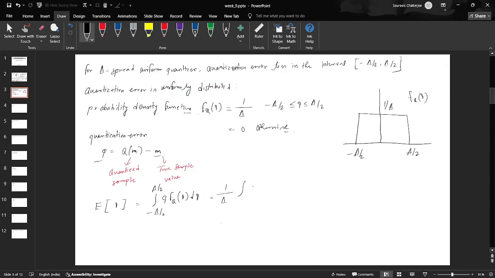And then we have q dq integrated over minus delta over 2 to delta over 2, that is 1 over delta times q square over 2, evaluated at these two limits.